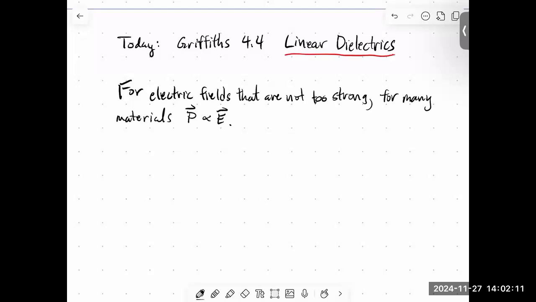And I think if you think about it a little bit, that probably makes intuitive sense. Let's imagine that we take some material like a sheet of Teflon, and we put it in a weak electric field.